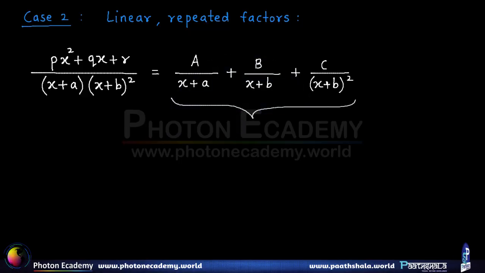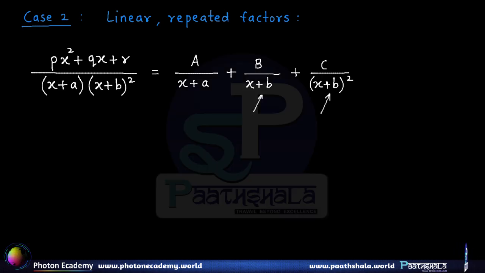So therefore we have to keep provision to consider the terms of only x plus b in the denominator as well as x plus b the whole squared, because the LCM of x plus b and x plus b the whole squared is x plus b the whole squared, right? Now suppose we compare the numerators of both sides.